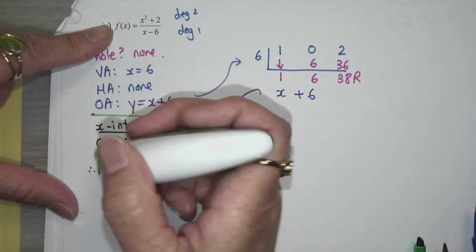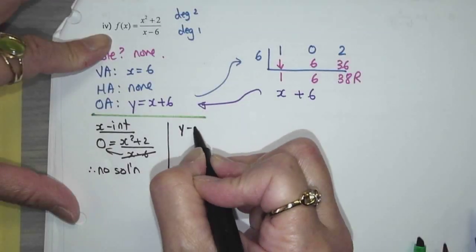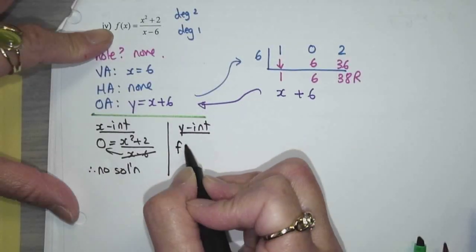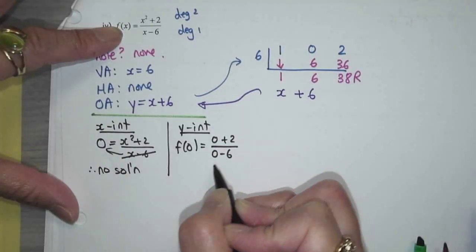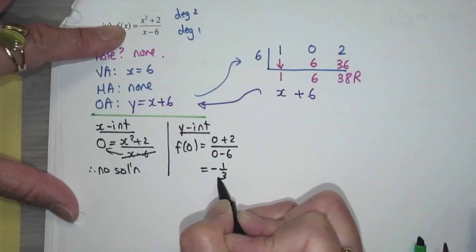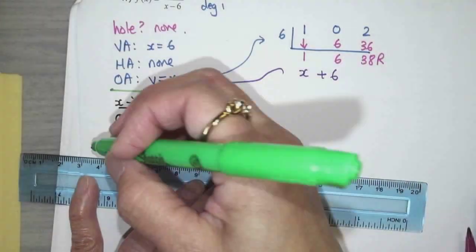Right, no solution on that one. And then the y-intercept is when f at 0. So this will be 0 plus 2. You can go through this faster. So this will be negative 1/3. We can do the positive, negative, all that jazz in a second.